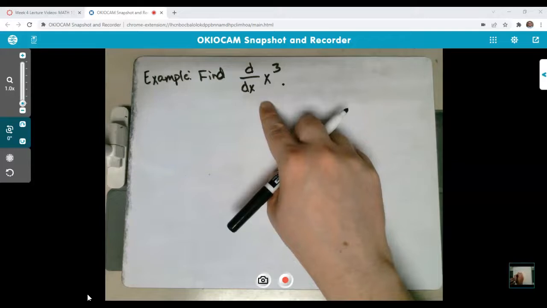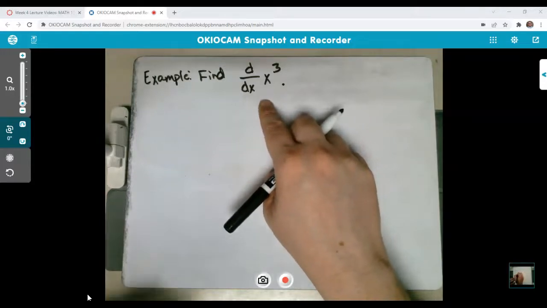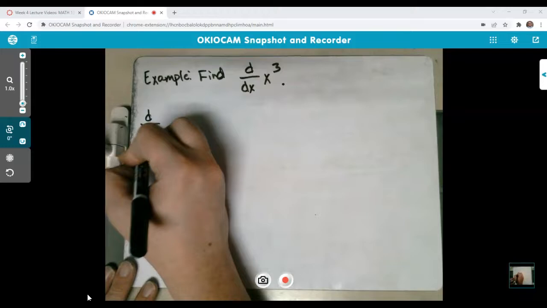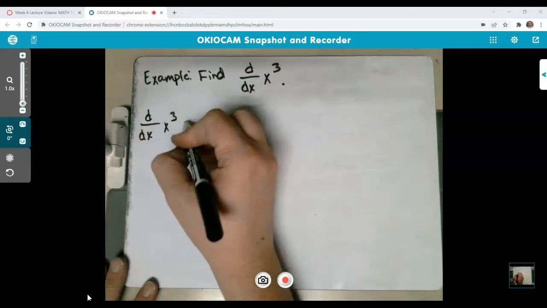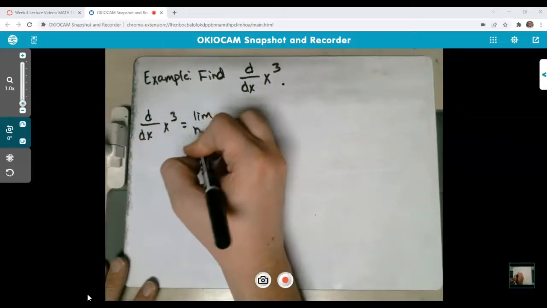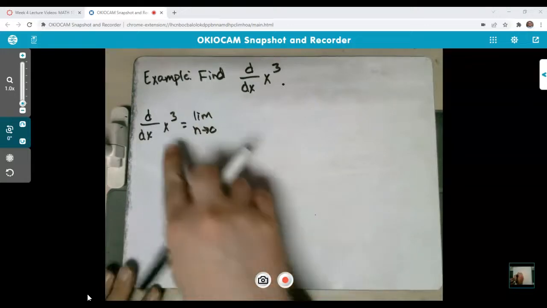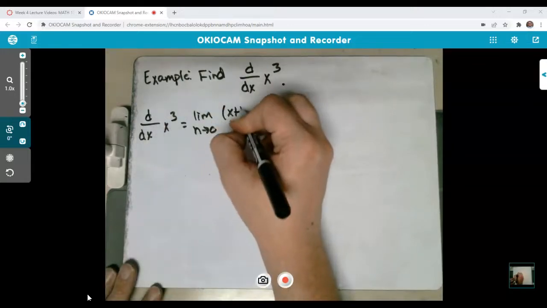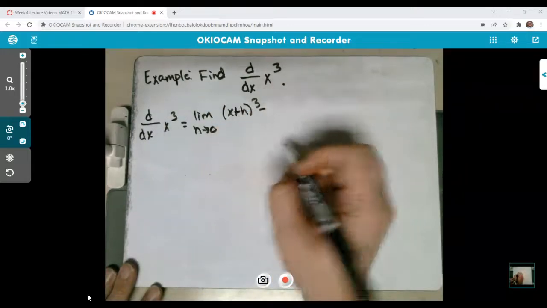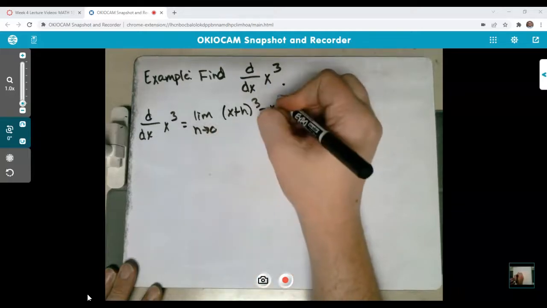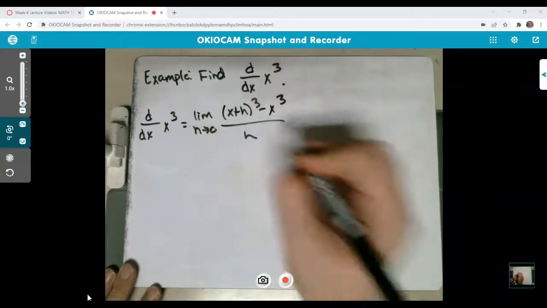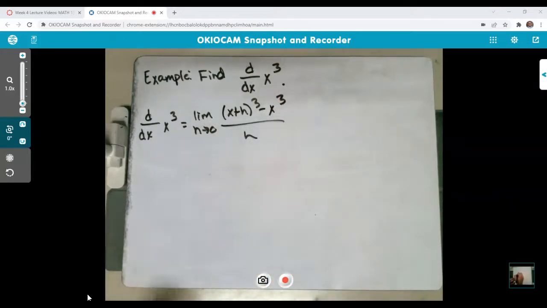Find the derivative of x to the third. So do this the same way. d dx of x to the third is equal to the limit as h goes to 0. Plug in x plus h, right? So that's going to be x plus h to the third minus, just leave it, x to the third, all over h.